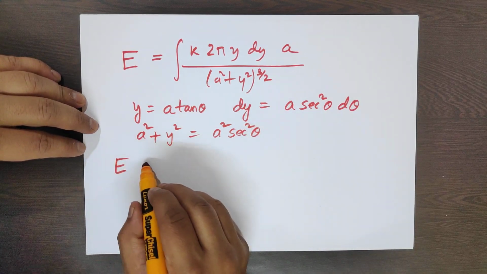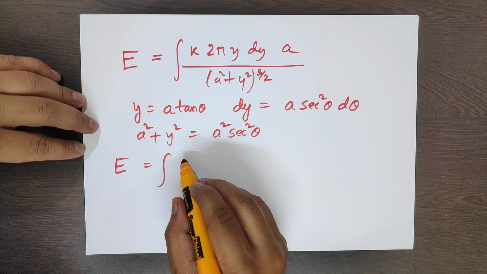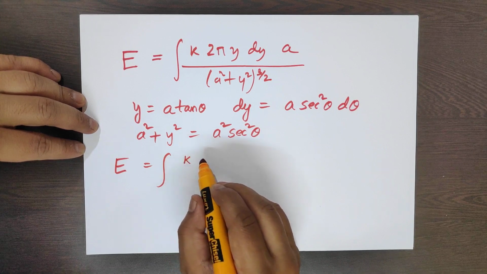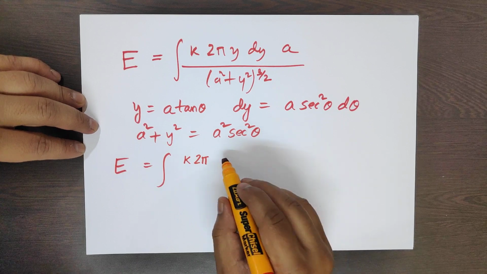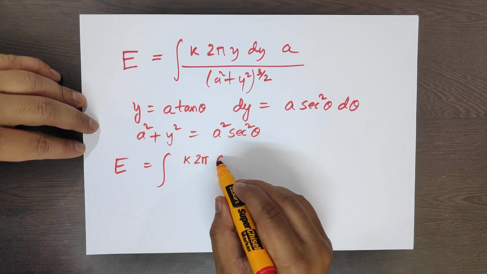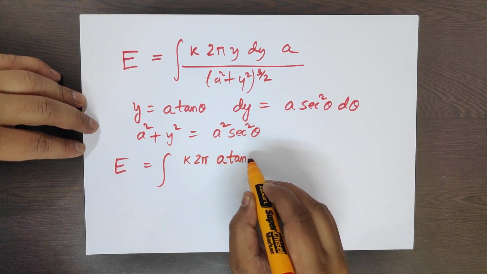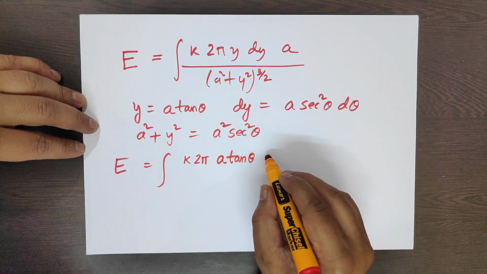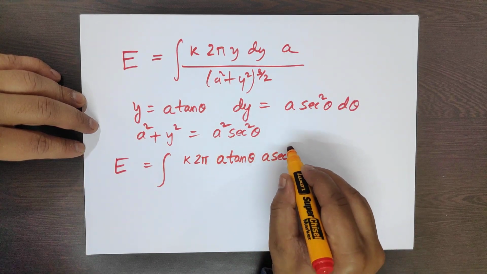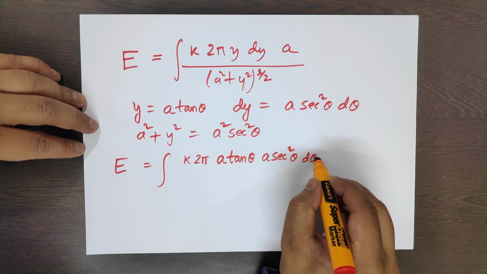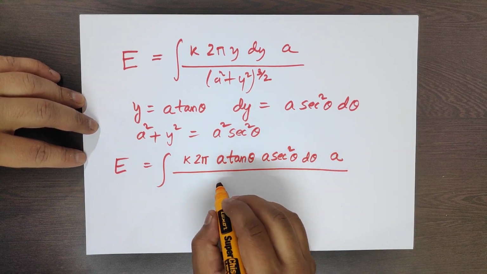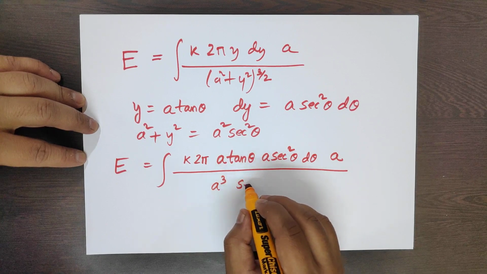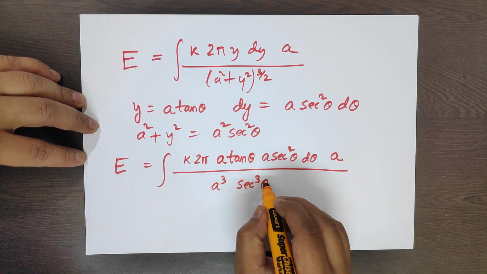Therefore E equals integration of k 2 pi, in place of y I can write a tan theta, dy a sec square theta d theta, again a divided by a cube sec cube theta.